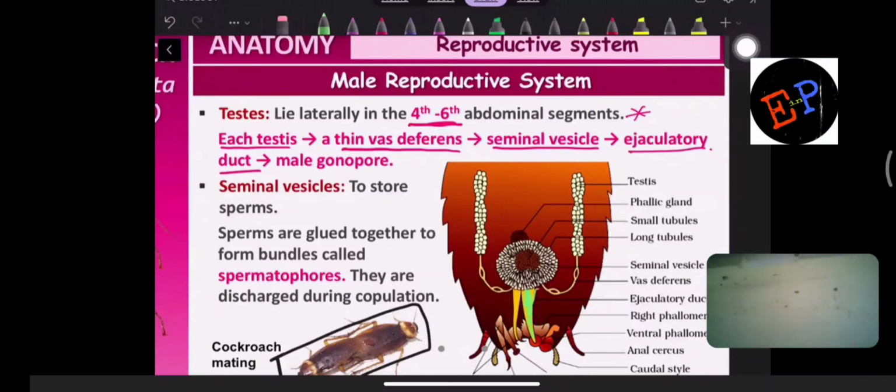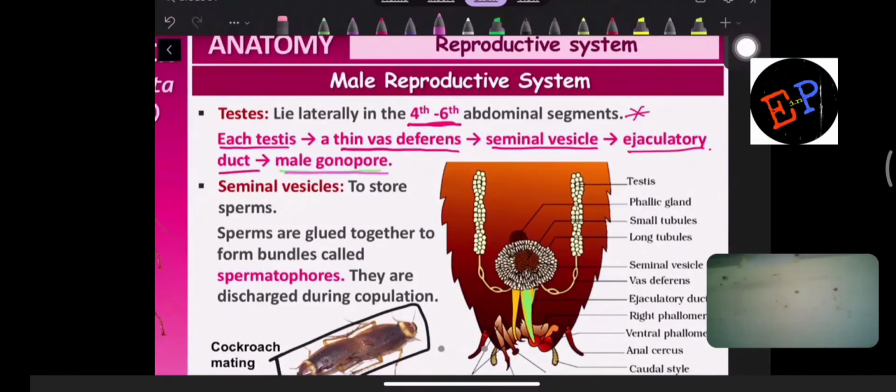Clear? And through this ejaculatory duct, it enters the aperture or opening of the cockroach, which is also called the male gonopore. Understood, no? So this sequence also you are supposed to remember, because this is the sequence which is given in NCERT. Clear?